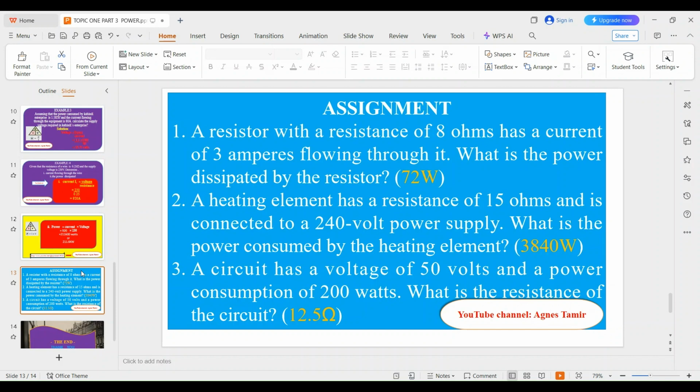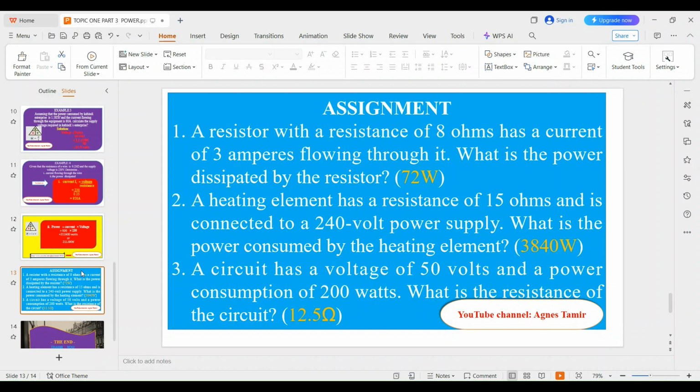The other way, you can say power is given by current squared multiplied by resistance. Our current squared, 3 squared, will give us 9, multiplied by 8, and it will give us the same answer, which is 72 watts.